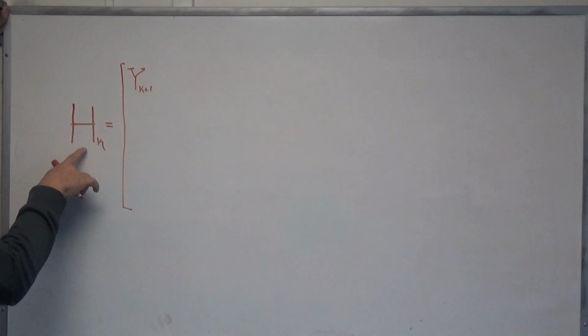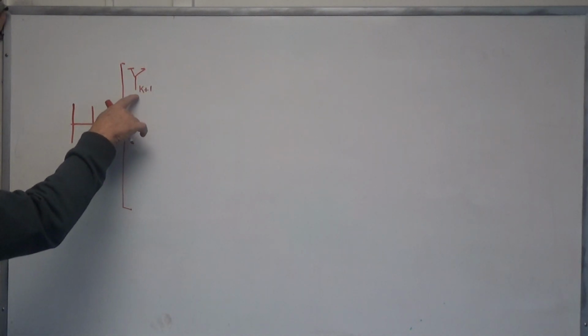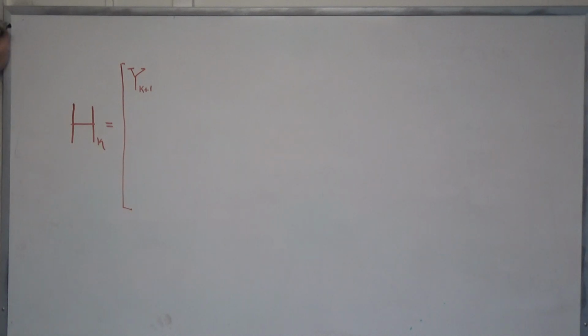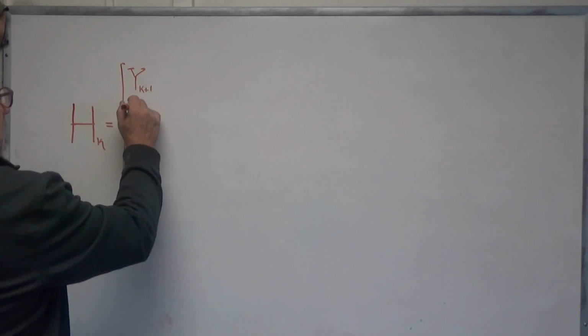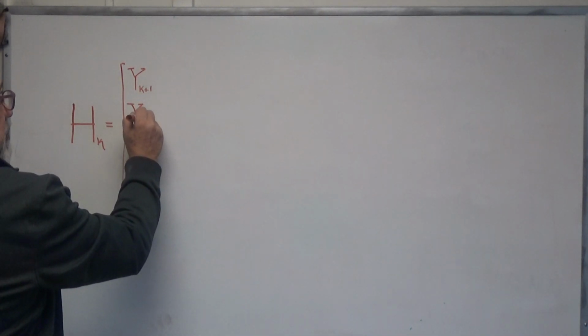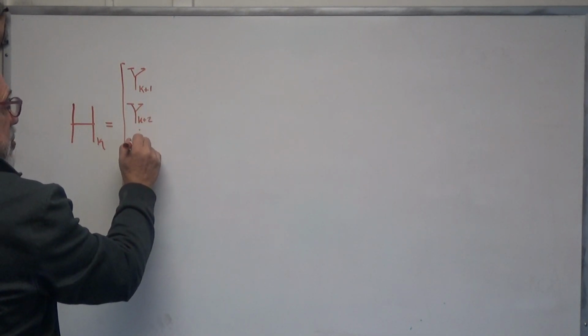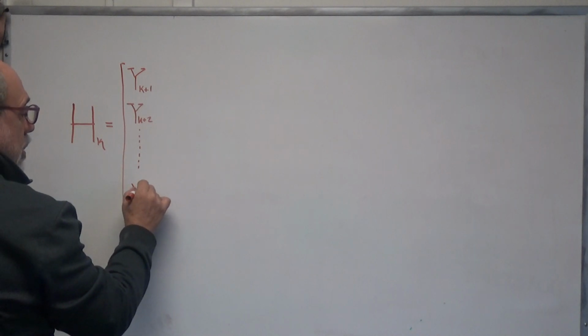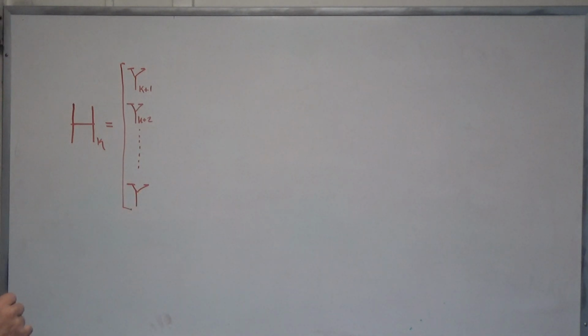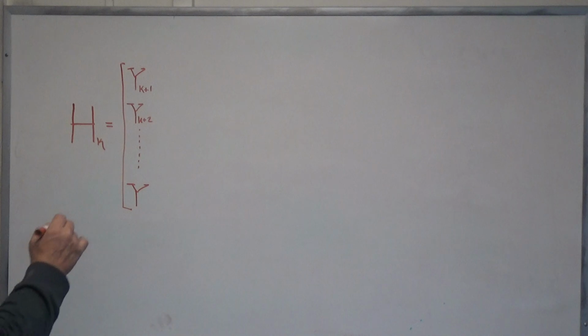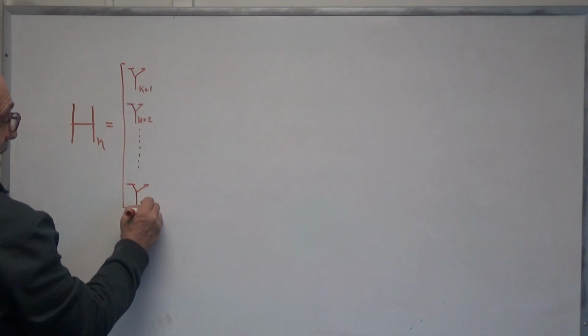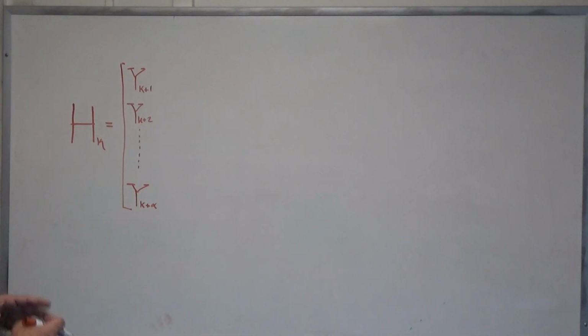So if we form the matrix H_10, we begin with 11 over here, right? And this matrix goes like this. We put the following Markov next to it and so on. And we stop at some point, which is for us to decide, which is the k plus alpha. So we begin at the k plus 1 and stop at the k plus alpha, right?